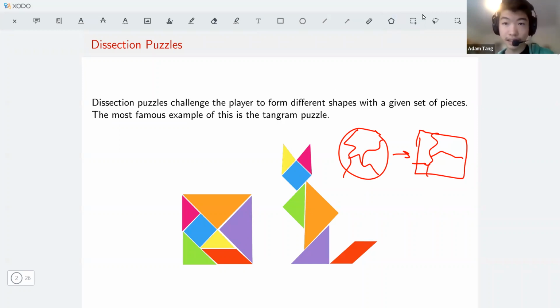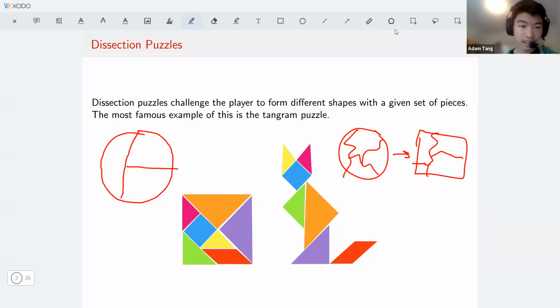If you think about it, there are two ways to think about this. First of all, circles are very curvy shapes. There's a lot of curve, so it's not obvious that there's a way to hide these curves by combining them, and it's really hard to think about a way to get to a square piece.